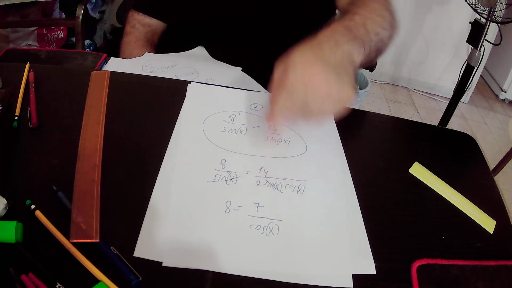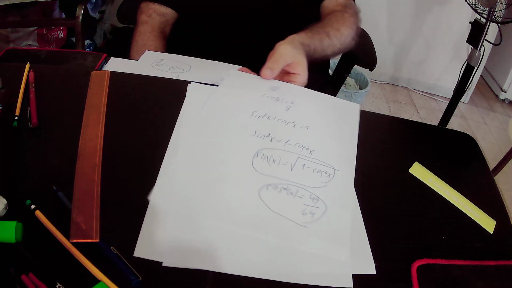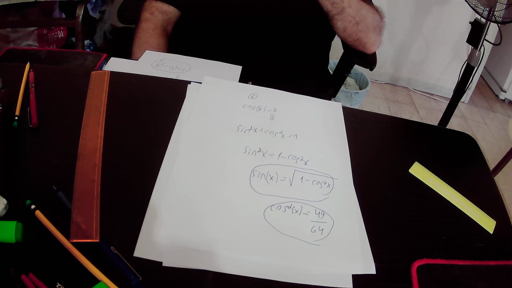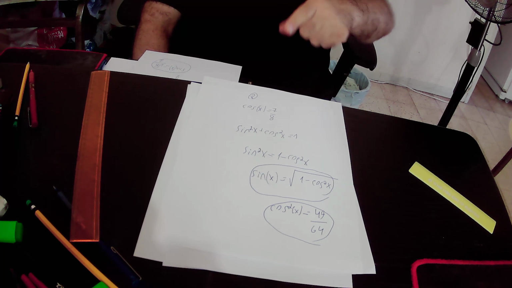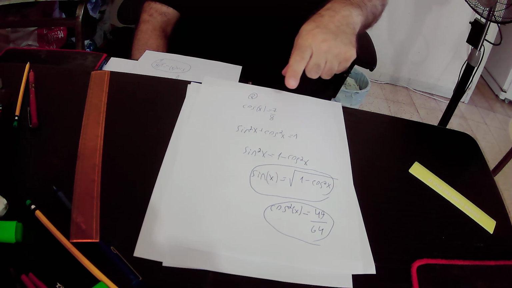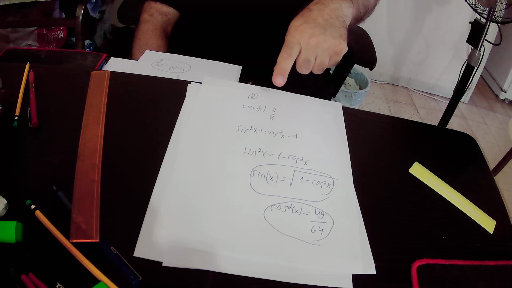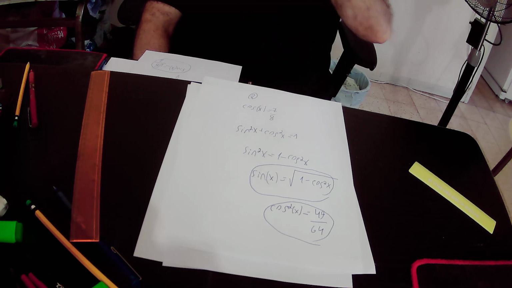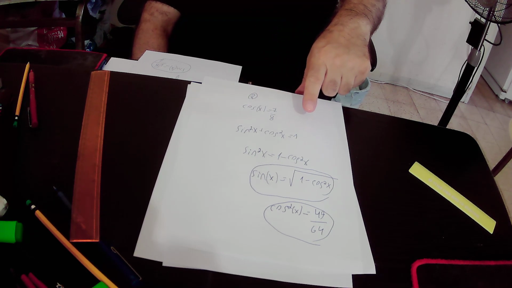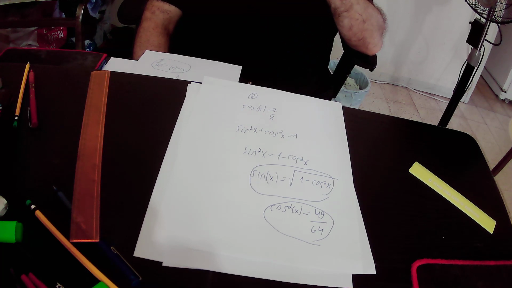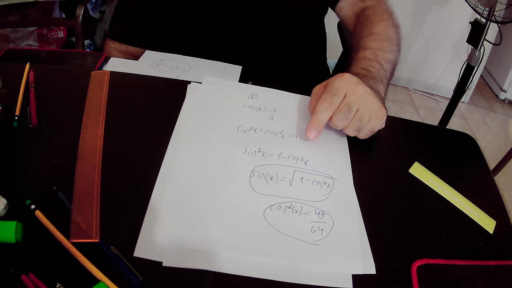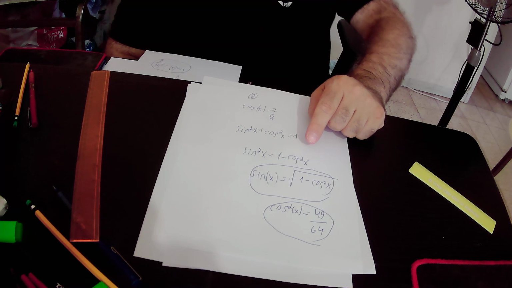From this equality we got that cosine x equals 7 over 8, and we have the following trigonometric identity: sine squared x plus cosine squared x equals 1. So sine squared x equals 1 minus cosine squared x.